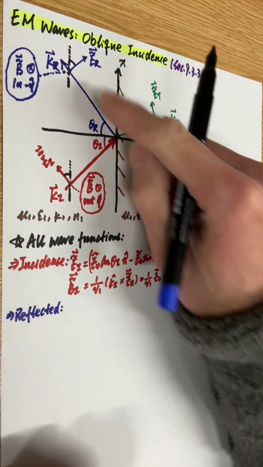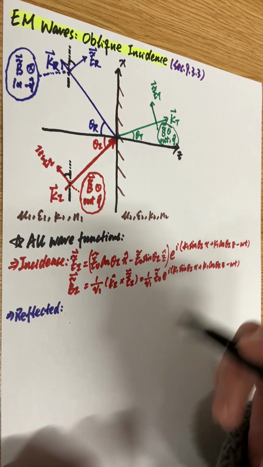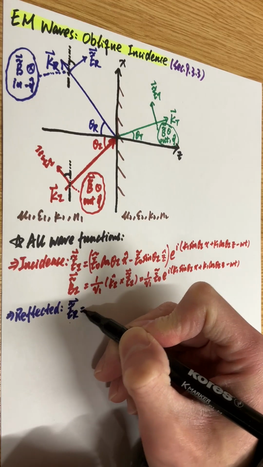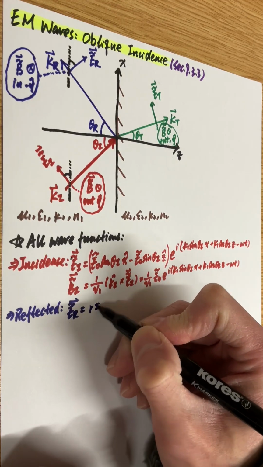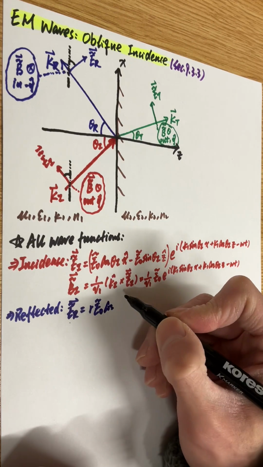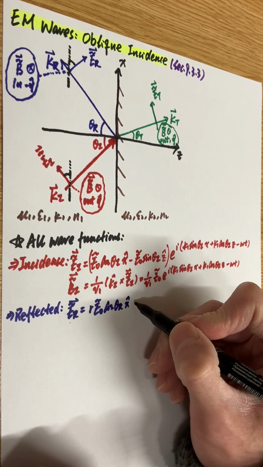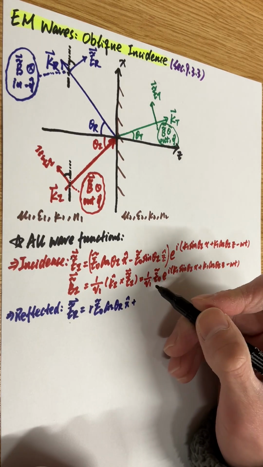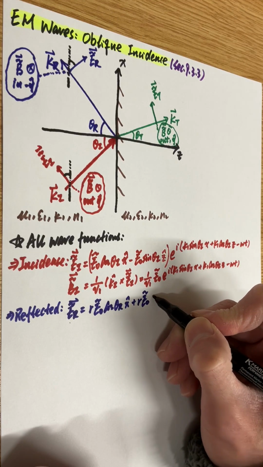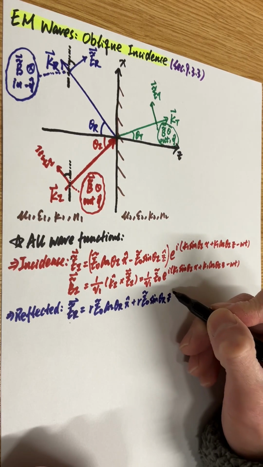The amplitude of ER is R E0, so R is the ratio relative to the incident wave. So I have ER equals R E0 cosine theta r x direction plus R E0 sin theta r z direction.